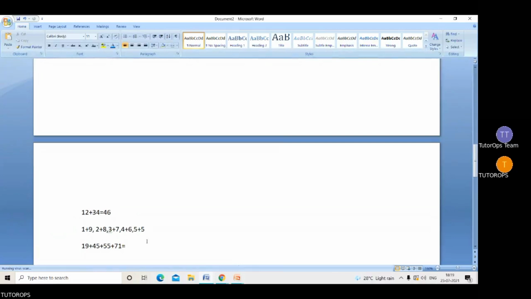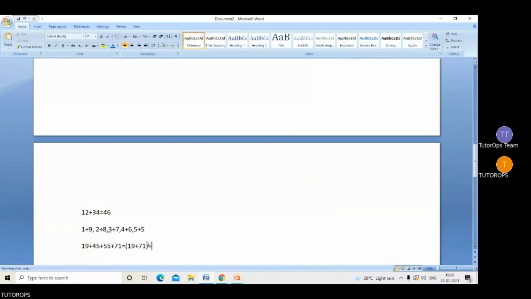Let me make the first pair as 19 plus 71. Why am I making this pair? Because the last digit of 19 is 9 and the last digit of 71 is 1. So 9 plus 1 is 10 and it will make a pair of 10 point.